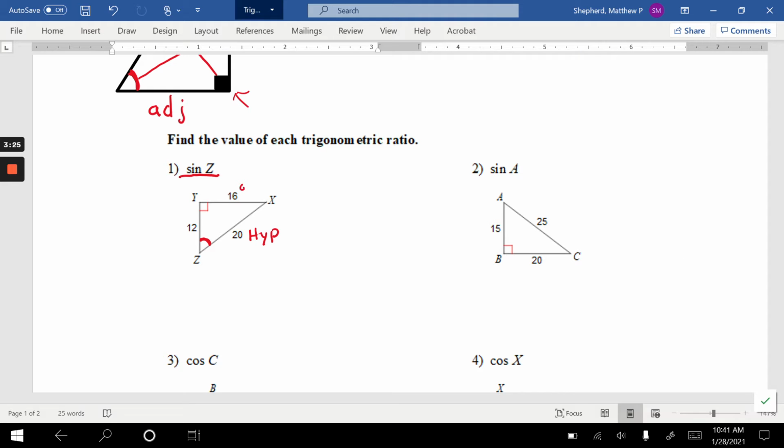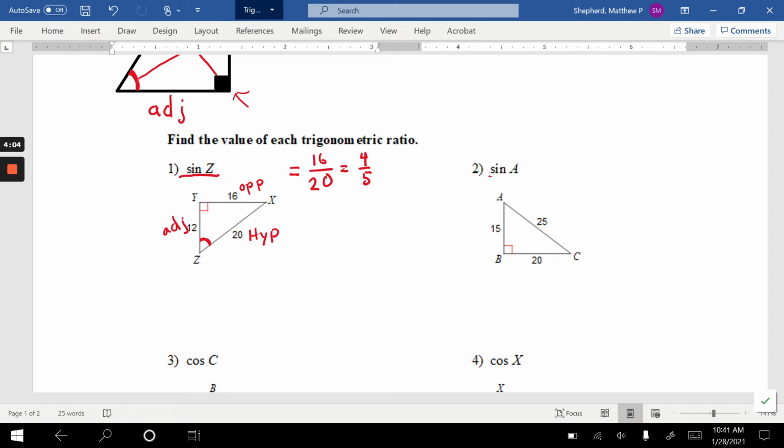Opposite of the angle of interest will be called opposite, and the remaining side that is touching it is the adjacent. Sine is always opposite over hypotenuse. So the answer is 16 over 20, which we can simplify to 4/5. And there's our answer.